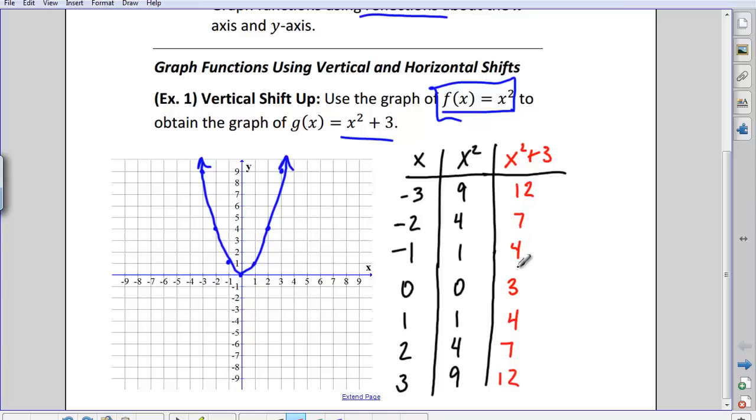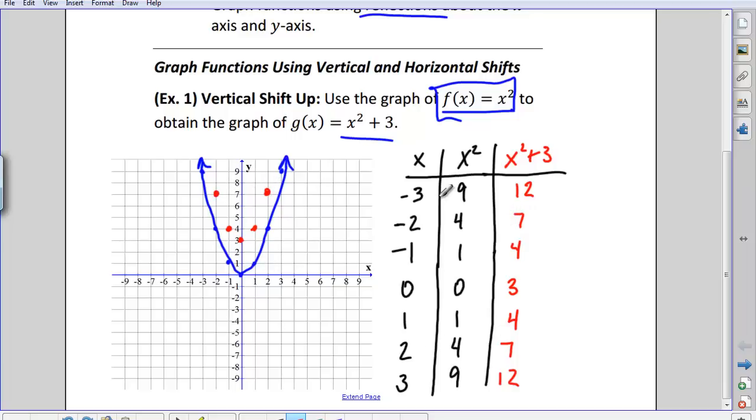Now what you'll notice is this new graph has a point at x value 0, 3. We have one at 1, 4, and at negative 1, 4. Then we have one at negative 2, 7, and positive 2, 7.